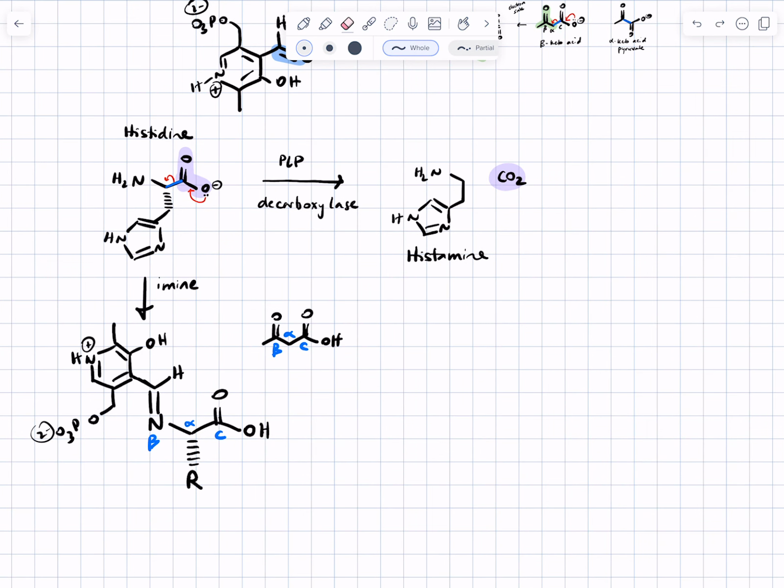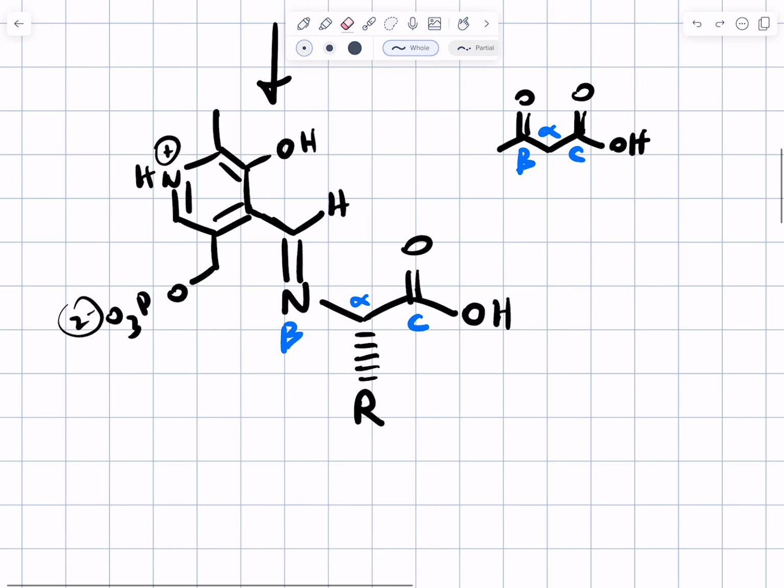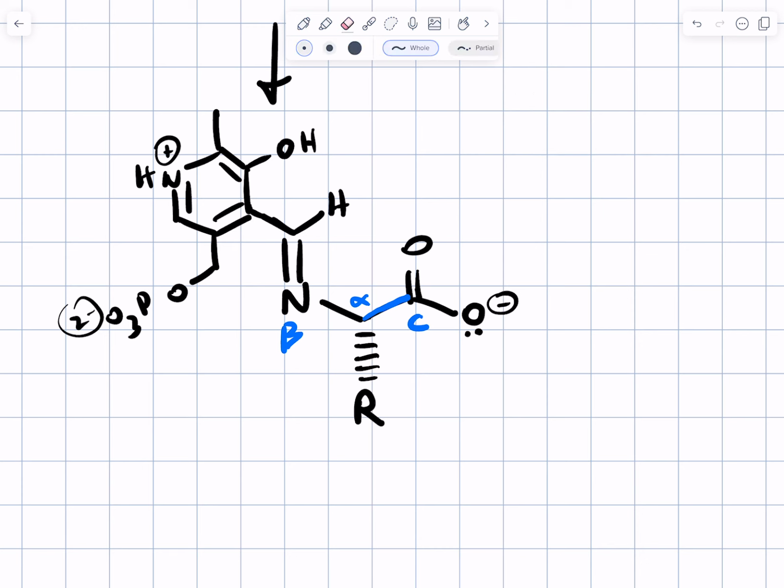And what I intended to show you last time, we'll make this the conjugate base of the acid. What I intended to show you last time is, here's the electrons in the bond between the alpha carbon and the carbonyl carbon. And now that we've made the imine, the electrons have some place to go.